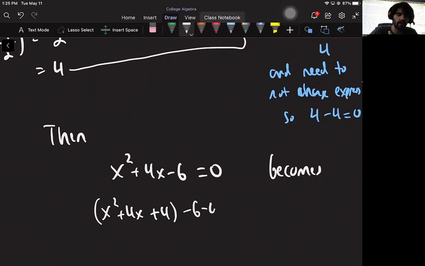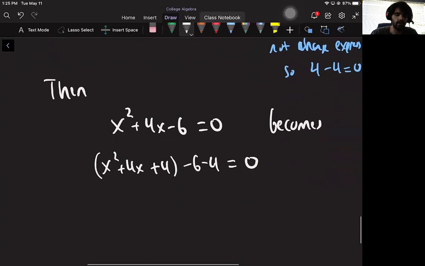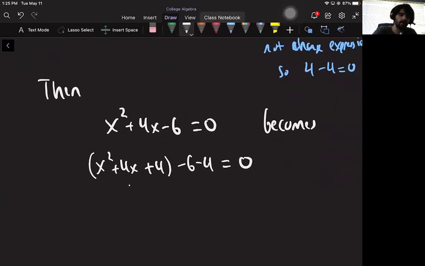And then I'm going to subtract 4 as well, so that it doesn't change. And now the idea is that this thing will factor. It'll always factor into x plus, or if it's a minus, it'll be minus whatever number it was before you squared it, so 2. And then that is squared. And then I'll just combine these together.